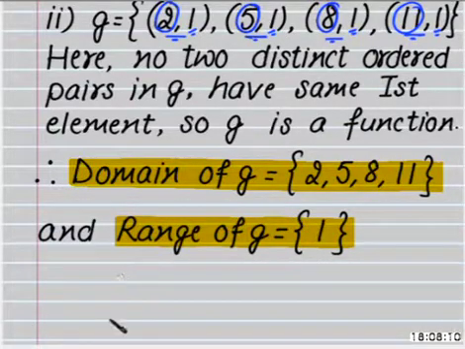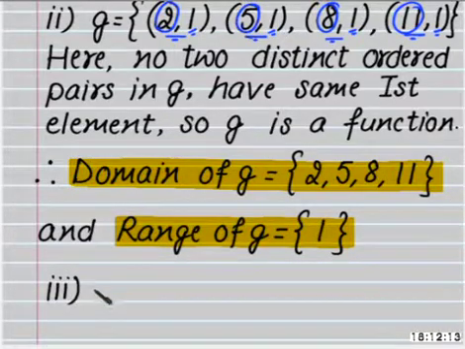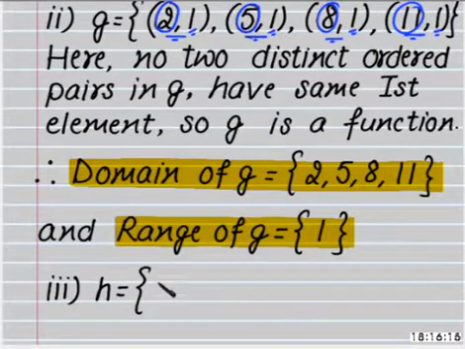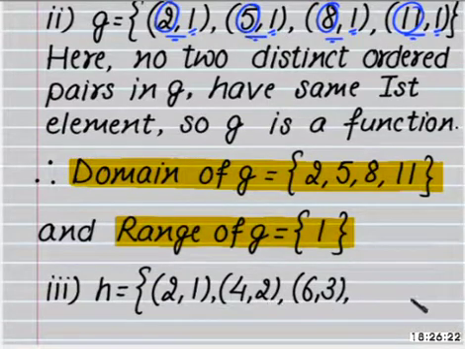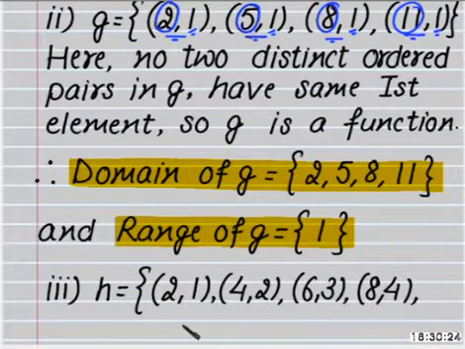Now third, H, which is the set of ordered pairs (2, 1), (4, 2), (6, 3), (8, 4) and (10, 5).